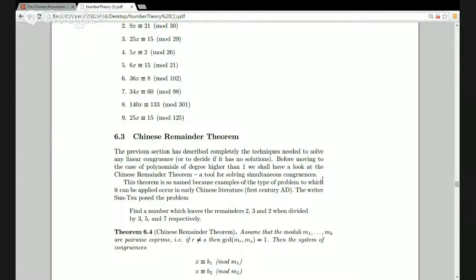And the link between these two situations, by that I mean the solutions of this thing and the solutions of this set of congruences, is provided by the Chinese remainder theorem.